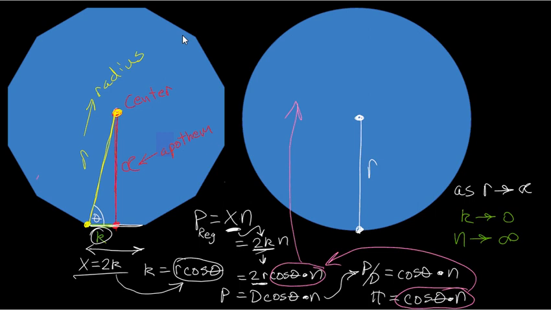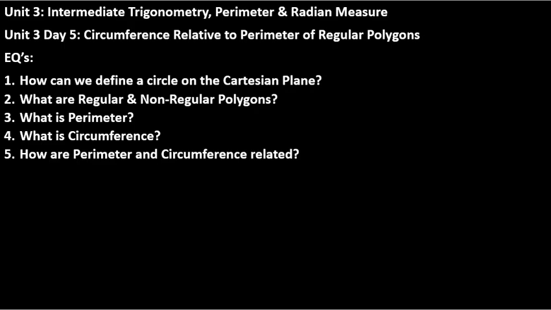What we end up with is that our perimeter of our circle, now we're talking about our circle, is equal to, obviously it's equal to circumference, and we can say it's 2r, and if we replace the cosine theta times n with pi, holy dog crap, we arrive at 2 pi r. Okay, so just a little bit of hindsight on where this all comes from.